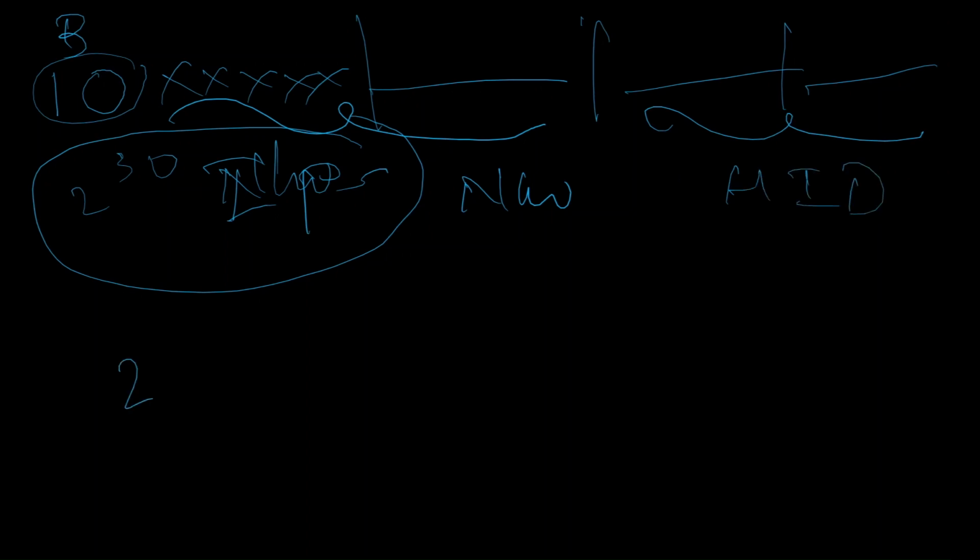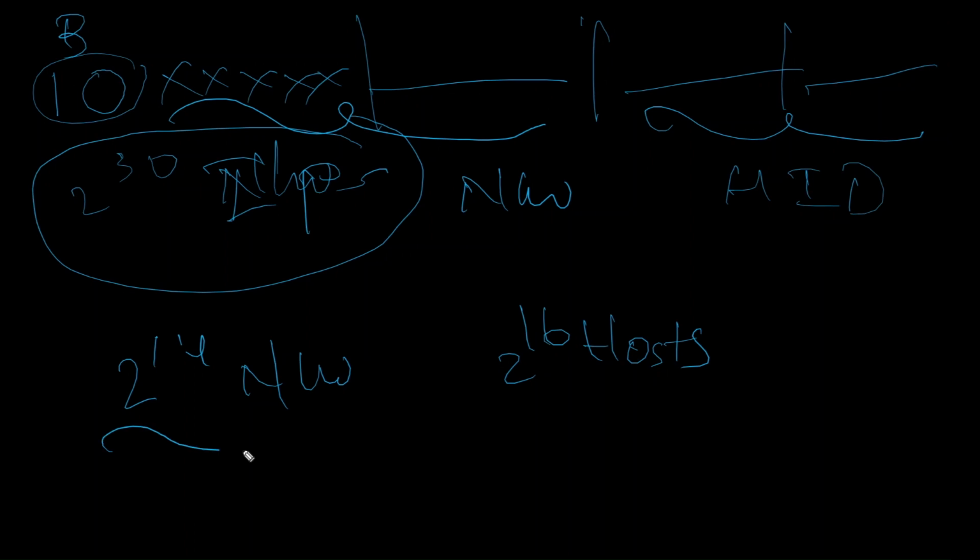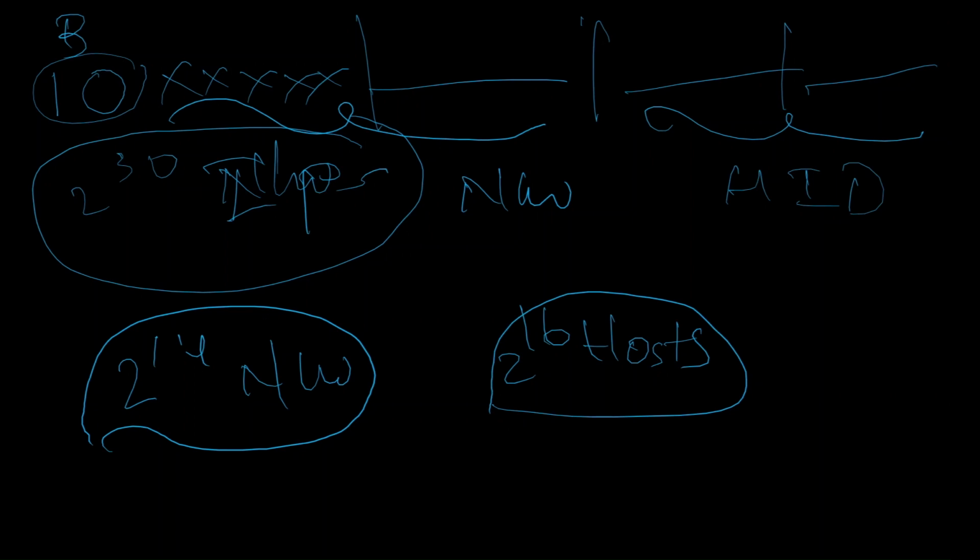If we consider these 2 octets, it should be 16 bits, but 2 bits are fixed, so 2 power 14 networks and 2 power 16 hosts in each network. In all these 2 power 14 networks, each individual network will have 2 power 16 hosts, and in total there are 2 power 30 IPs available. 2 power 14 turns out to be 16k, and 2 power 16 turns out to be 64k.